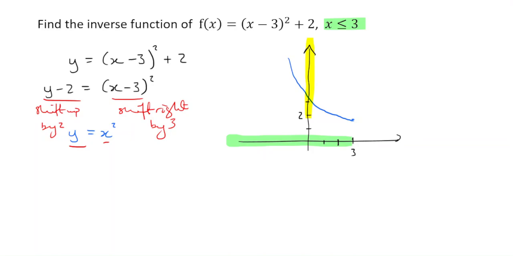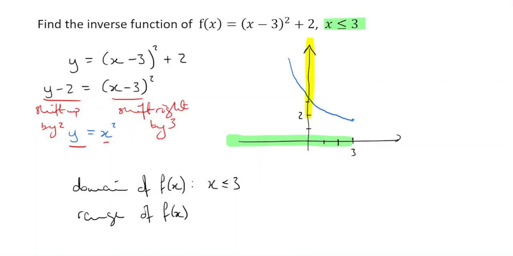So now we can write this. The domain of f of x is x is less than or equal to 3. And the range of f of x is that y is greater than or equal to 2. Now, why is that important?